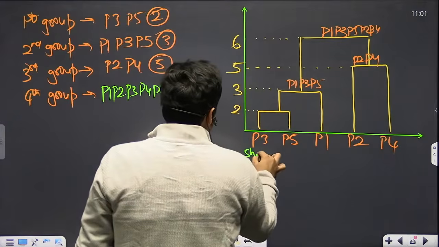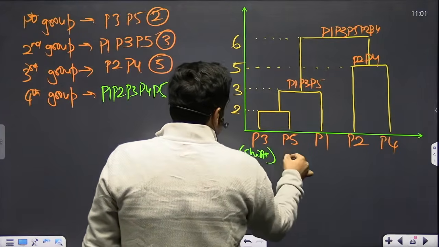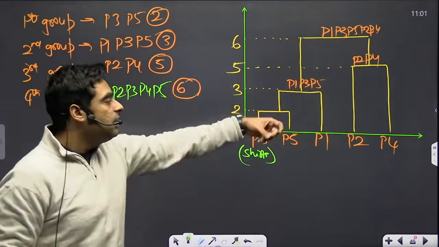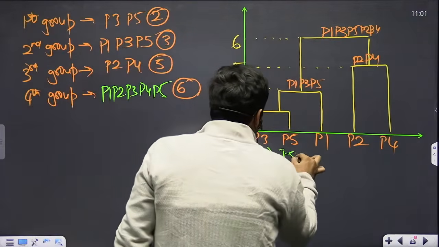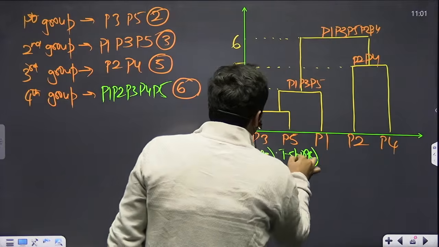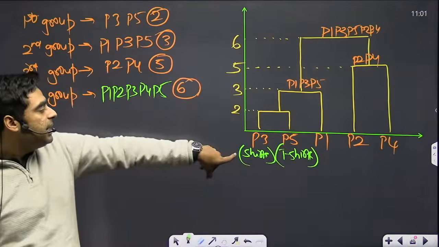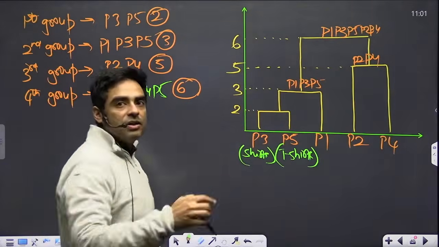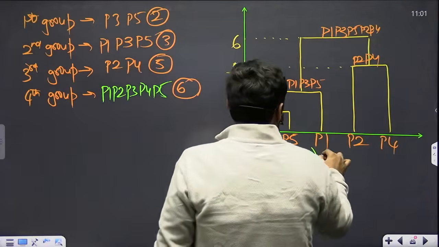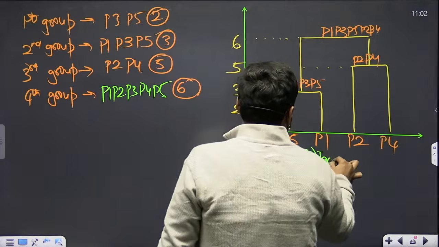So P3 was named as shirts. What immediate recommendation would Flipkart be showing me? Flipkart would be showing the immediate recommendation as t-shirts. If I buy a shirt or t-shirt, along with that it would show me jackets.